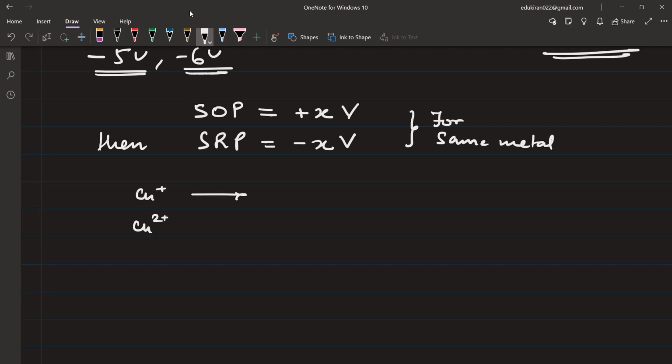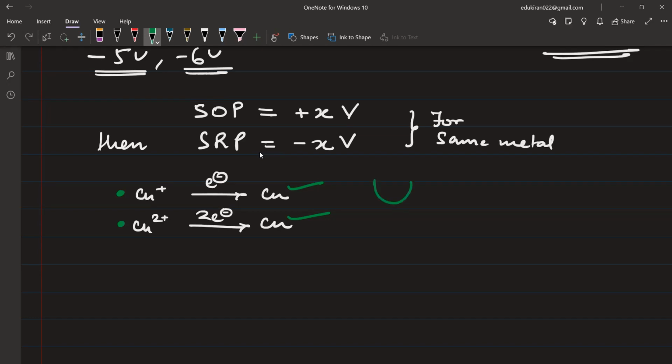If it eats an electron, it will get converted to copper. This also will eat 2 electrons and it will get converted to copper. Yes or no? Correct hai? Yes. Right? Now, if you have been given copper plus and if you have been given copper 2+, you can expect what is the product. It is going to be a metal atom. Yes or no? Yes. Correct, guys?